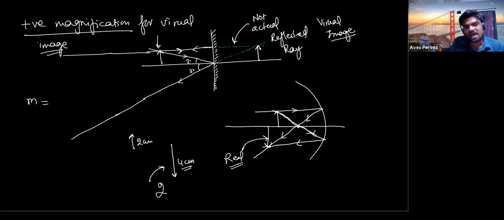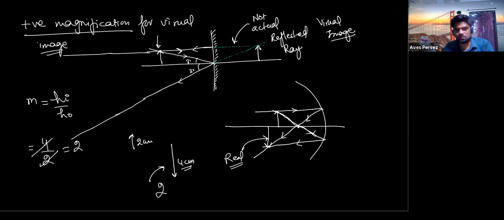So actually, what is magnification? Magnification is the ratio of the height of the image upon the height of the object. If the image formed is 4 centimeter and the actual object height is 2, we can say that the magnification is 2.